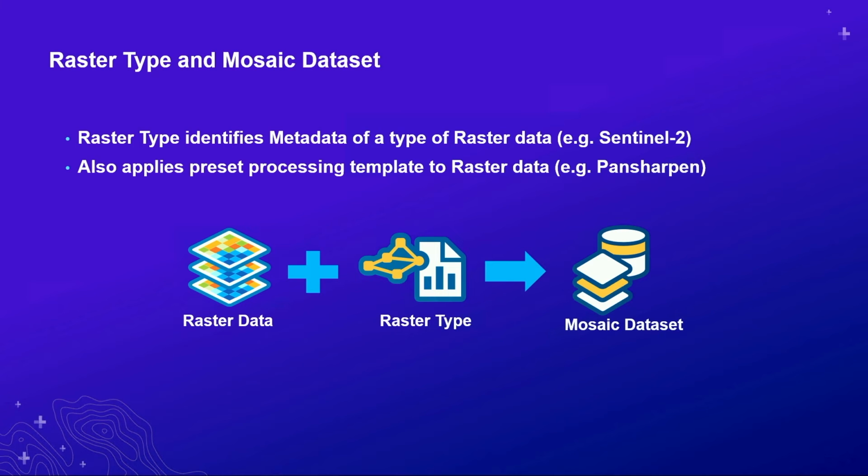The other powerful ability that a raster type provides is that it can also define an on-the-fly processing template that you can implement on the raw raster data and then combine with the data and add into the Mosaic dataset. What that means is, if you have raw panchromatic data or multispectral data, by defining a pan-sharpen processing template, you can dynamically create a pan-sharpened raster dataset within the Mosaic dataset.